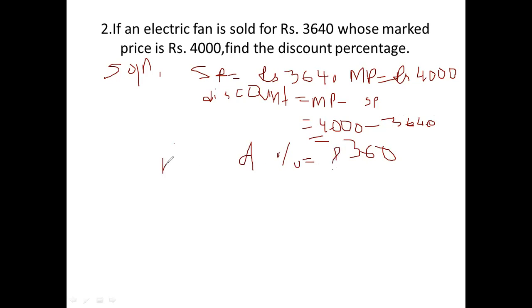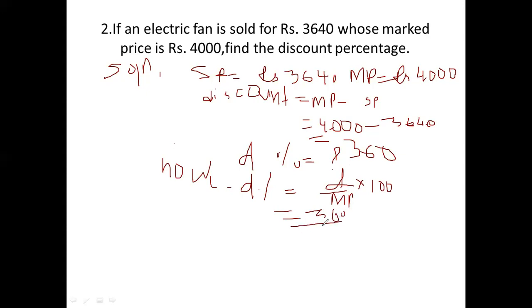Now discount percent equals, what was the formula that I had given? Discount percent equals discount amount by MP into 100%. Use this, okay? Now this will be 360 divided by MP, which is 4,000, into 100.